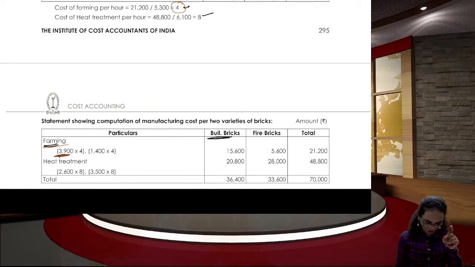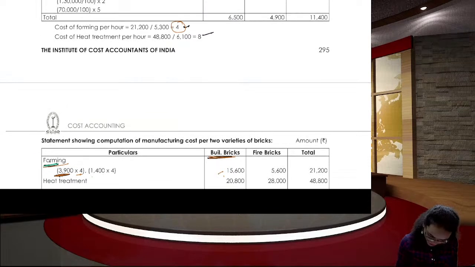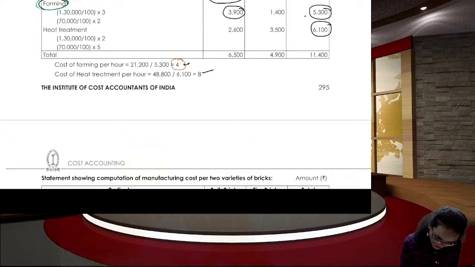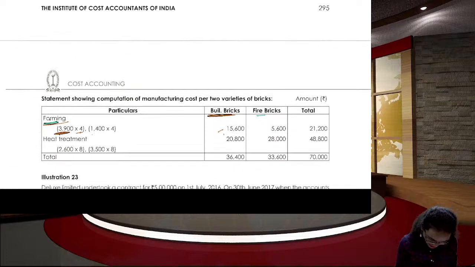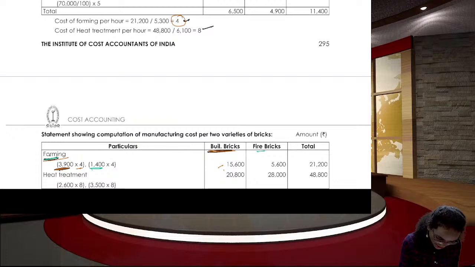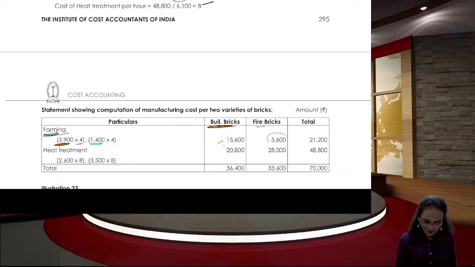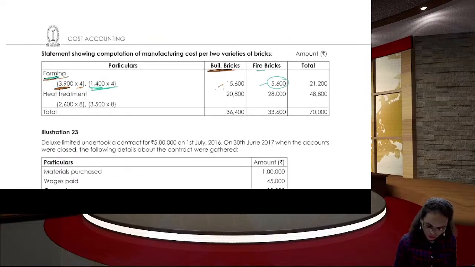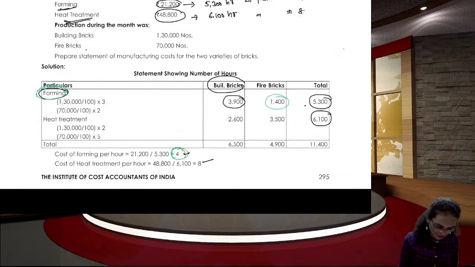So 3,900 into 4 rupees, that is 15,600. In the same manner, for the forming of fire bricks, 1,400 hours we have taken. The rate is 4 rupees. So 1,400 into 4 rupees, that is 5,600. So total put together, this is the cost. This is what we got here.